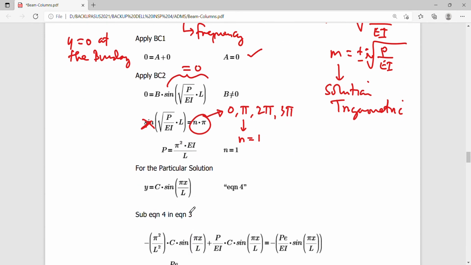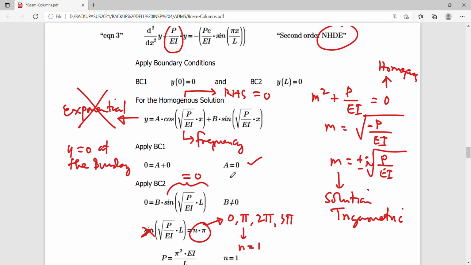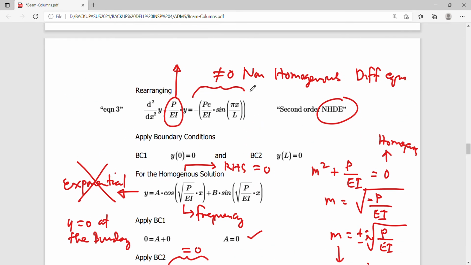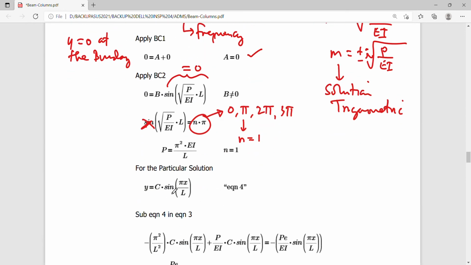The particular solution now will give you a form similar to this form here. The particular solution always follows the form of the non-homogeneous right-hand side, so this is a constant multiplied by the sine.